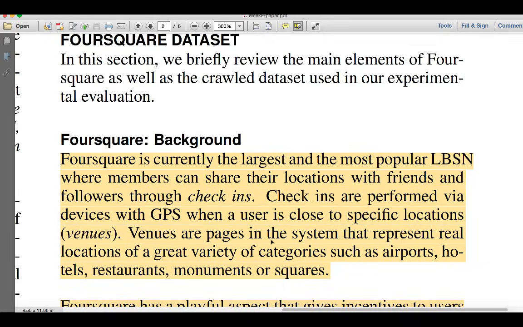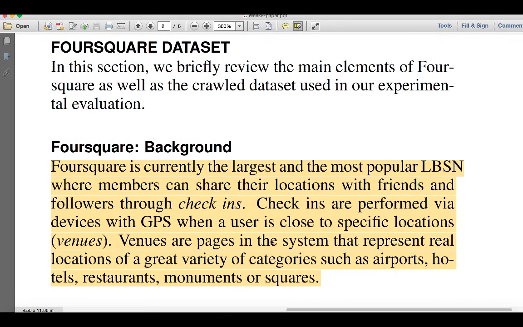Yeah. So now we look more closely at the Foursquare data set itself. To understand the analysis better, you need to be more clear about some of the terminologies, so here I'm going to explain them. Some things we have already done.